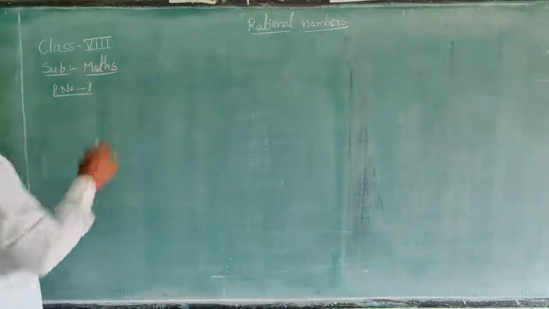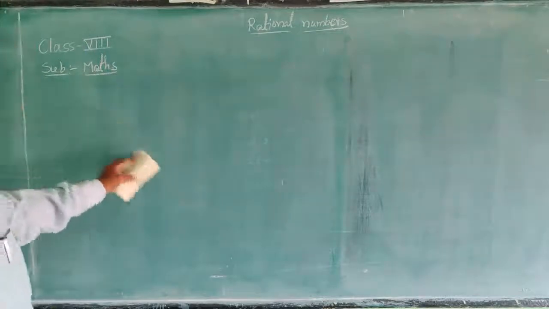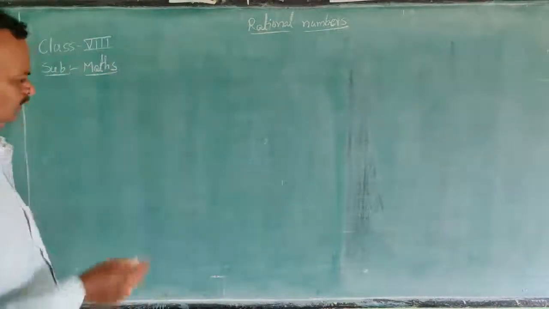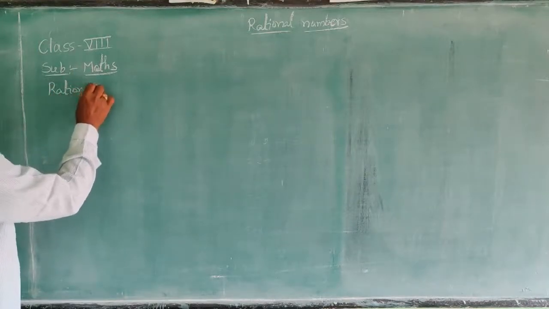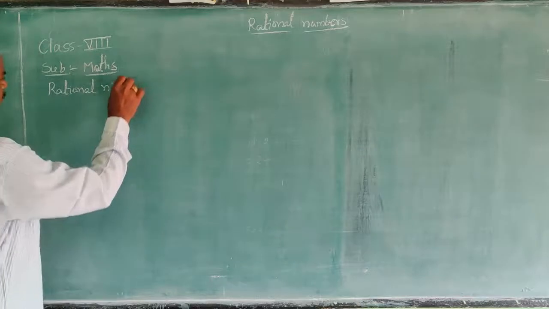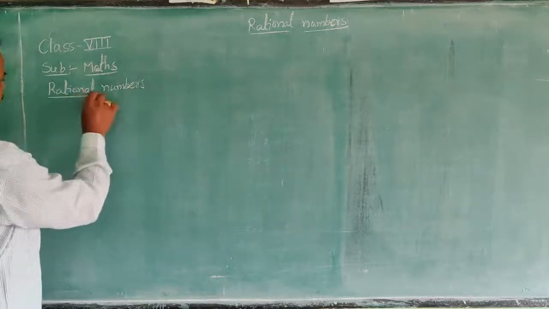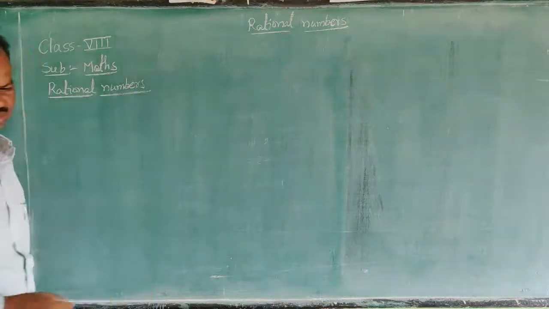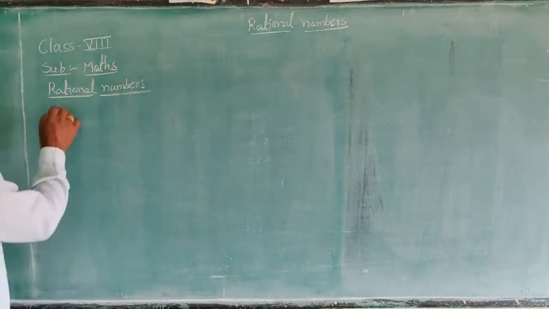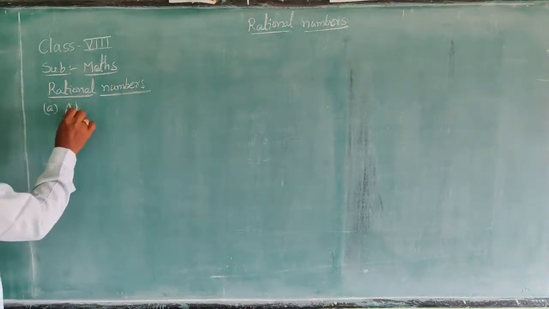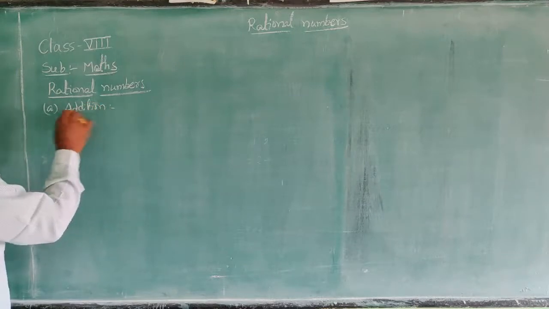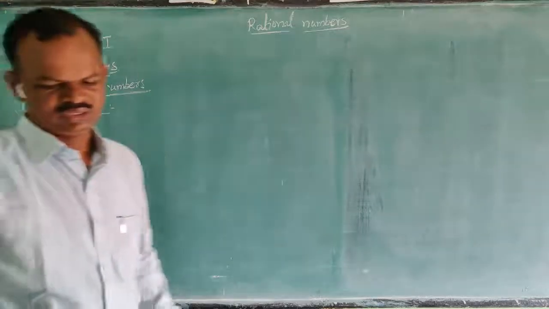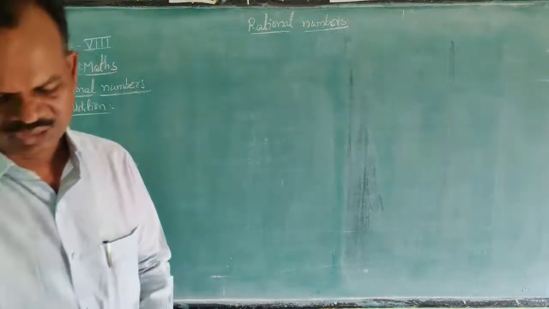First one is for rational numbers. First one is addition. Take two rational numbers.